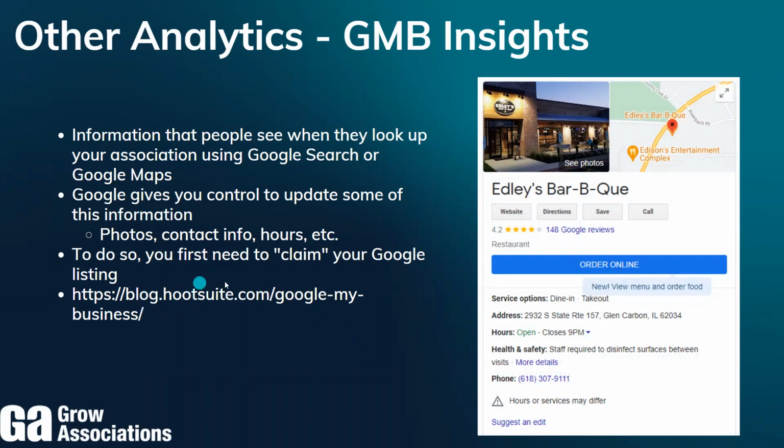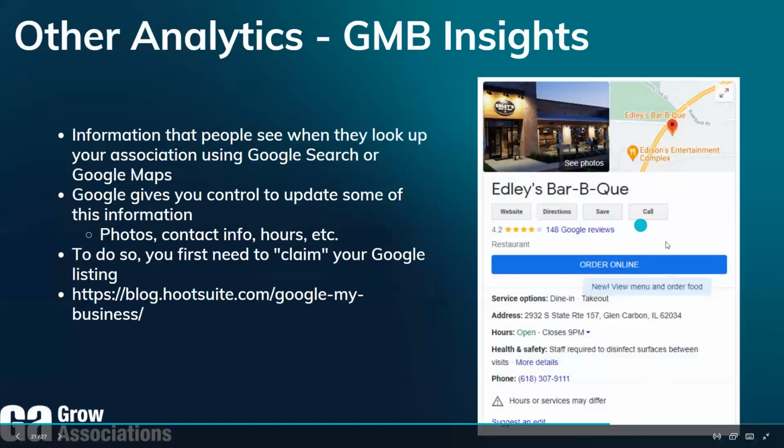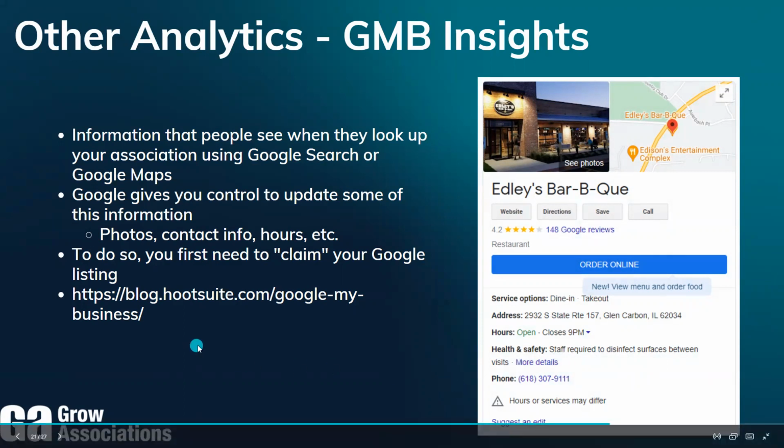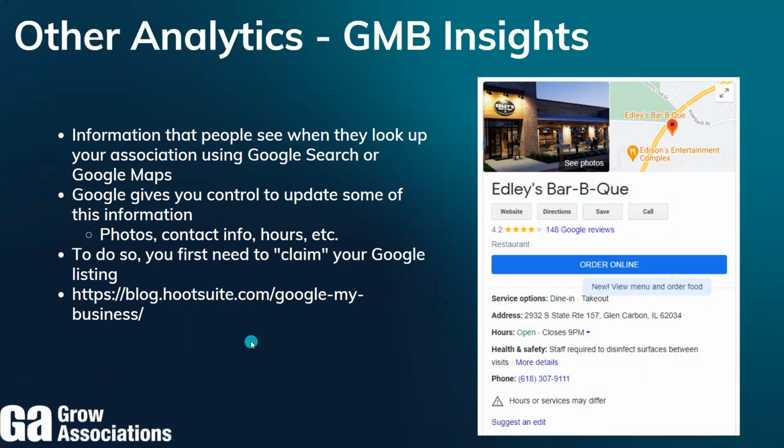So the claiming part can be a little tricky depending on whether Google has already set up a business profile for your organization, but nobody's monitoring it or has claimed it on your side of things. But again, there are different online tools and blogs and such that can walk you through the process.